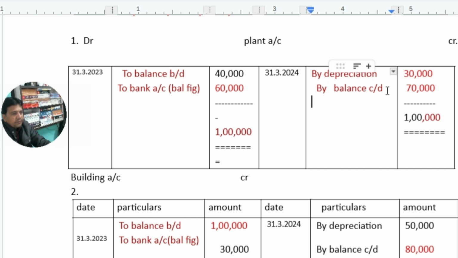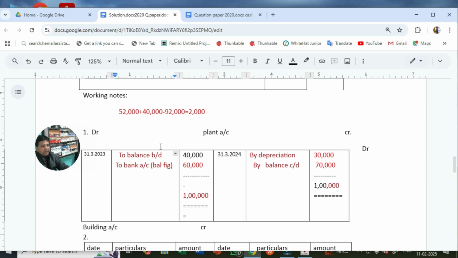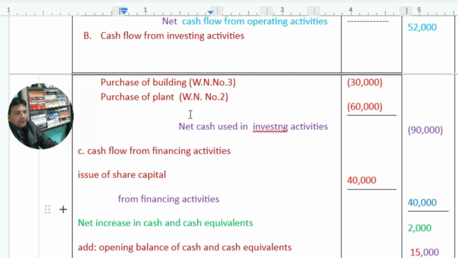So closing balance 2024, balance 70,000 given in the question, plant value. So then 30,000, 70,000, 1 lakh, and this value is calculated. This is the balancing figure, means it is calculated. So 1 lakh minus 40,000, 60,000. So this is the plant purchase, and it is given under investing activities, purchase of plant.